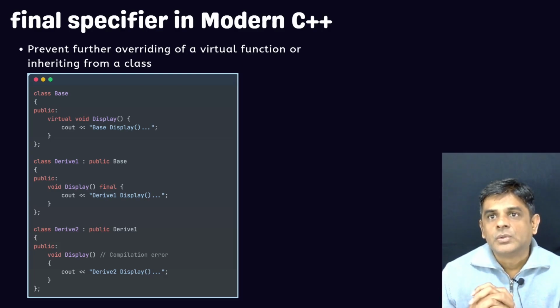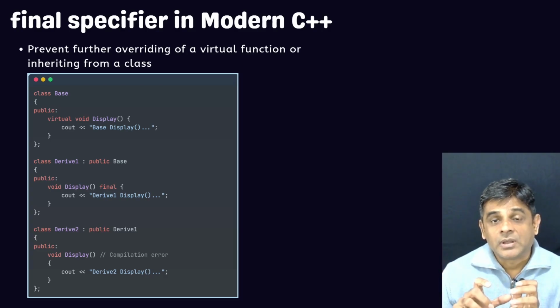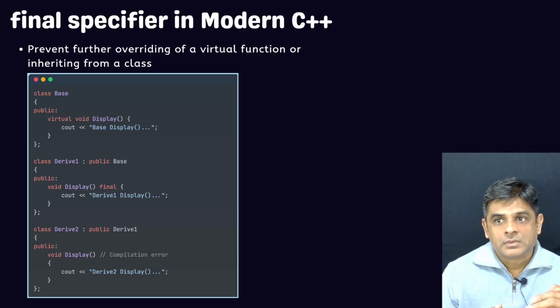Consider a scenario where we have a base class Employee, and a derived class called PartTimeEmployee. Now we cannot go further from PartTimeEmployee, right?